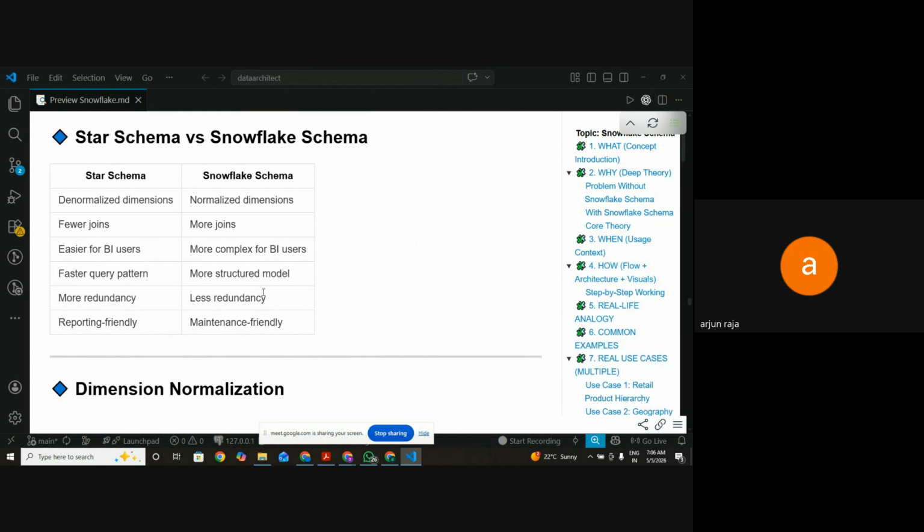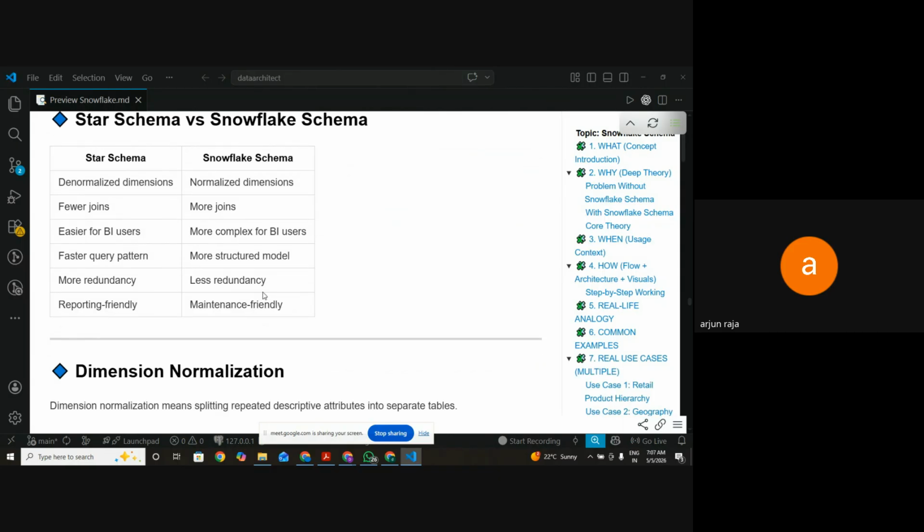It is slower in Snowflake because a lot of tables have to be referred to, but it is structured.